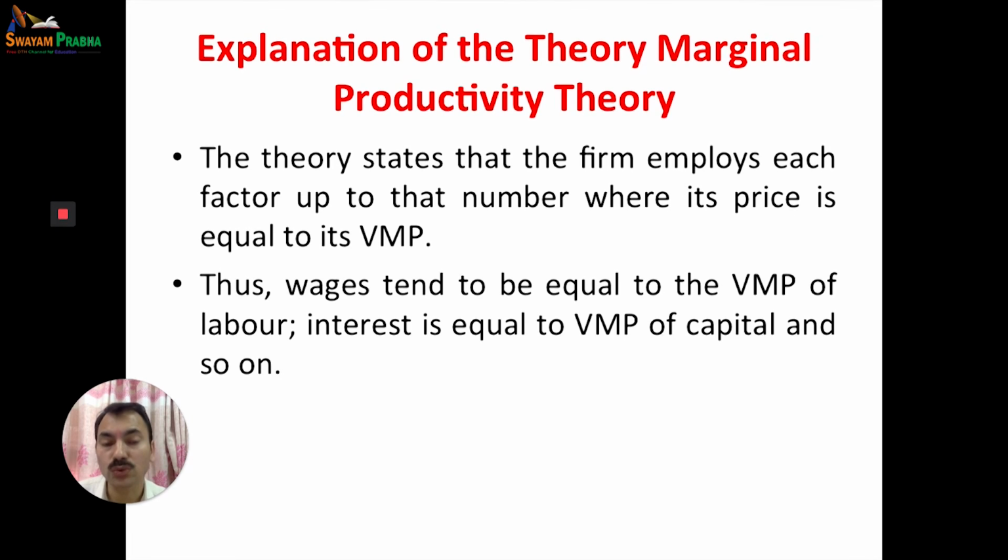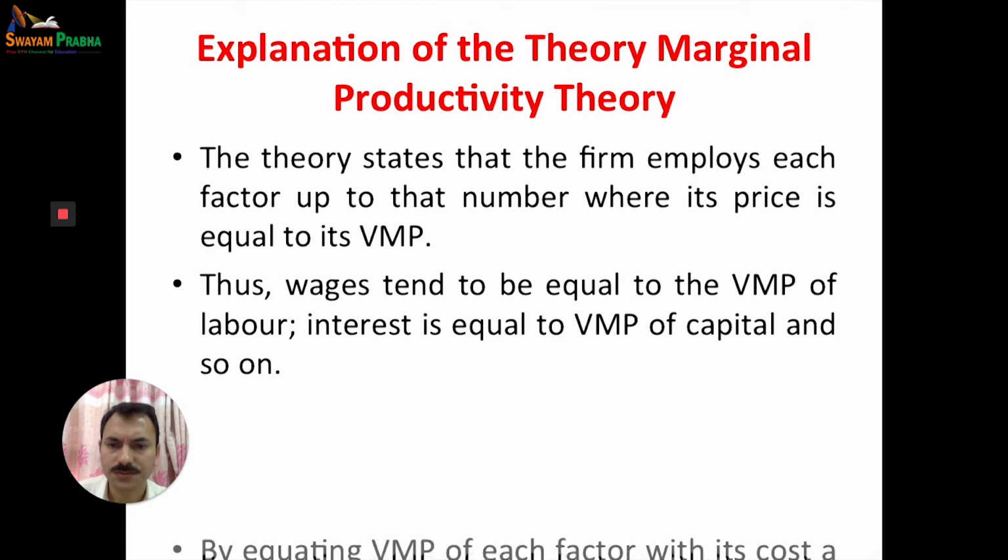Interest is equal to the value of marginal product of capital, rent is equal to the value of marginal product of land, and profit is equal to the value of marginal product of the entrepreneur, and so on.